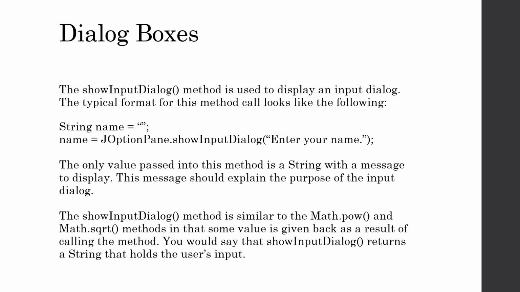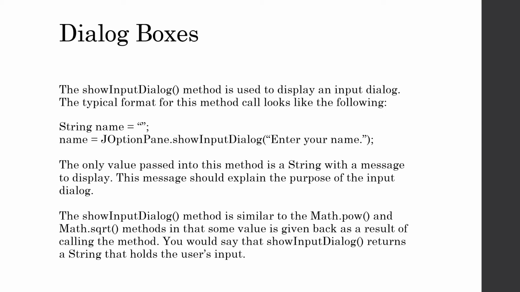The only value that we passed in was our string with the message to display. That message is meant to explain the purpose of the input dialog. And it's going to be similar to math.pow and math.sqrt, in that some value is going to be given back as a result of calling the method. To more accurately describe this process of getting something from our methods, we would say that showInputDialog is going to return a string that holds the user's input.